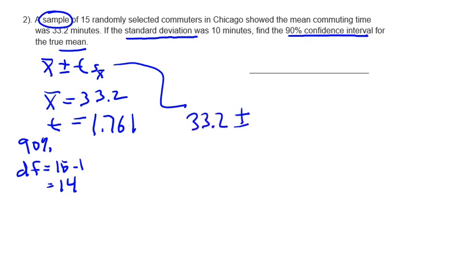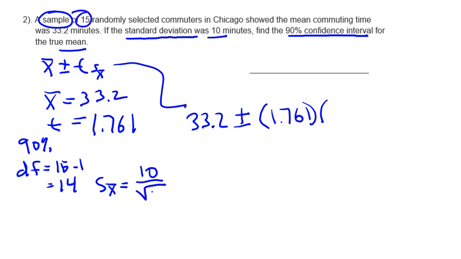We're ready to plug everything into the formula. 33.2 plus or minus the t-score, 1.761, times the, oh, we forgot the standard deviation, right? Okay, well, the standard deviation is the standard deviation from the problem divided by the square root of the sample size. Doing your math, you should get 2.58. All right, so now we have 2.58.